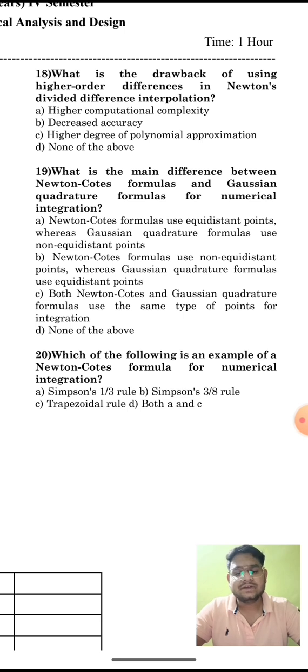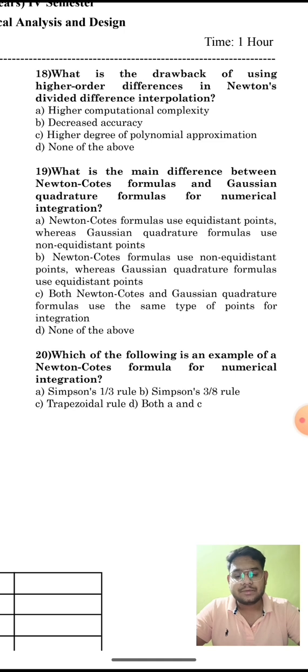What is the main difference between Newton-Cotes formula and Gaussian quadrature formulas for numerical integration? Option A. Newton-Cotes formulas use equidistant points, whereas Gaussian quadrature formulas use non-equidistant points. Option B. Newton-Cotes formulas use non-equidistant points, whereas Gaussian quadrature formulas use equidistant points.